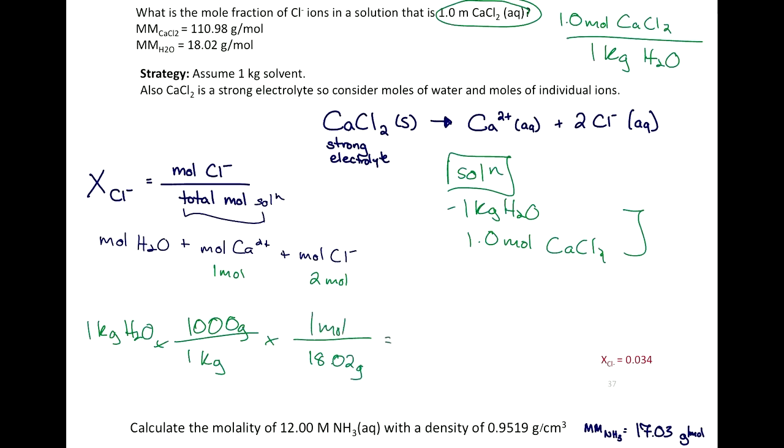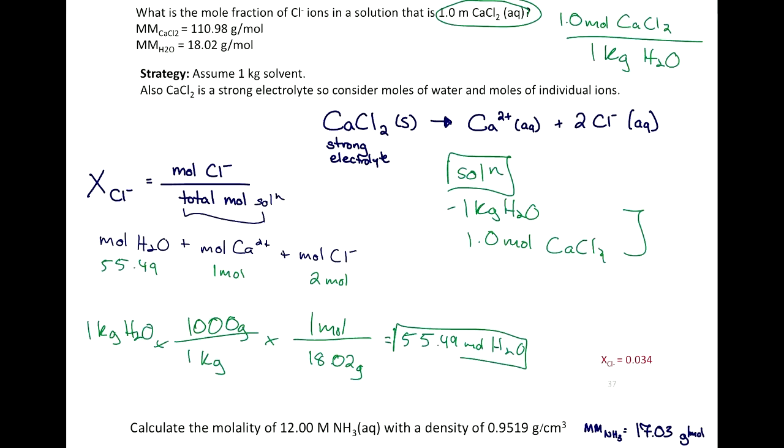And so we get 1,000 divided by 18.02, 55.49 moles of water present in this sample. All right, so this value, along with those other mole amounts we got, is our denominator. All 3 values added up will be our denominator amount.